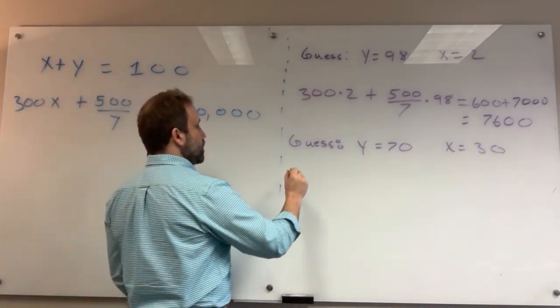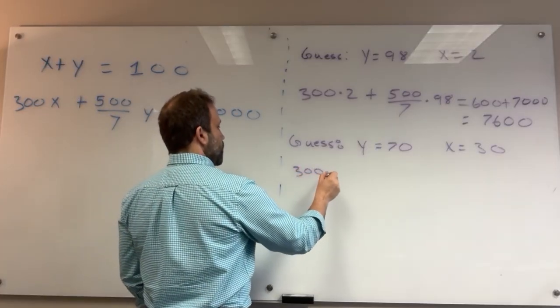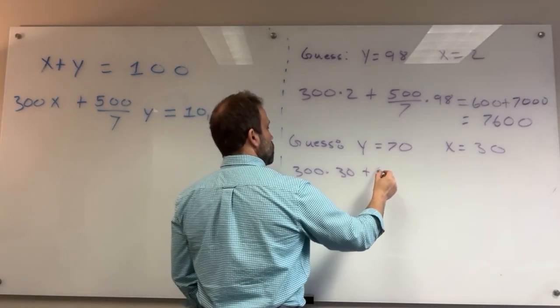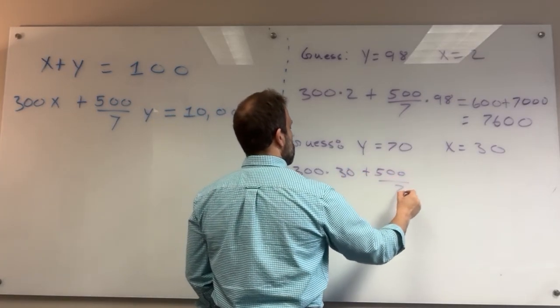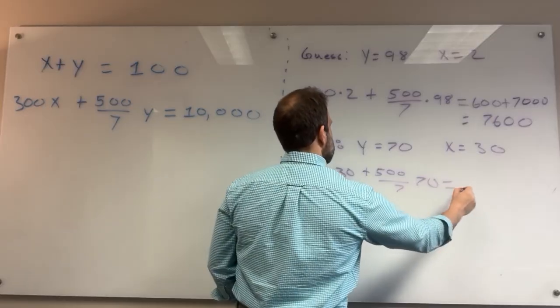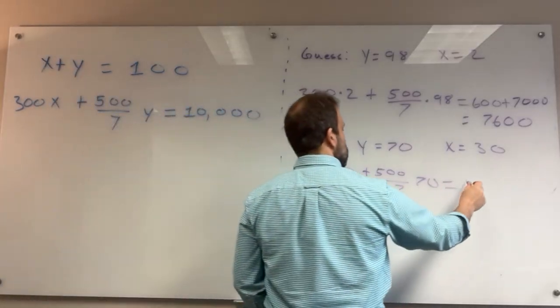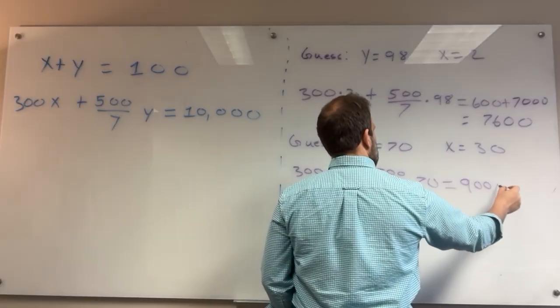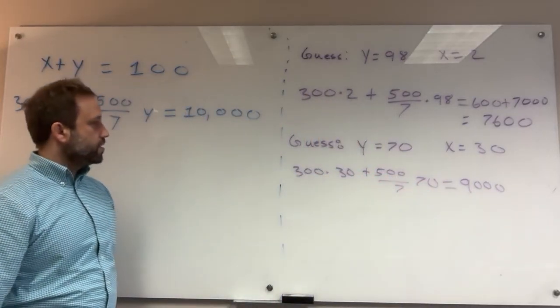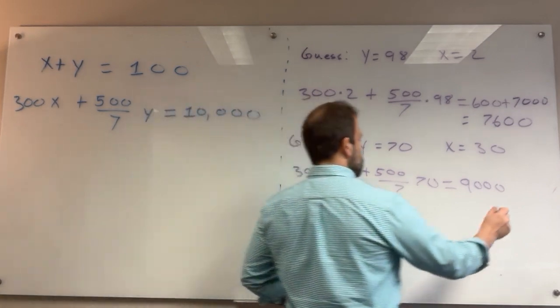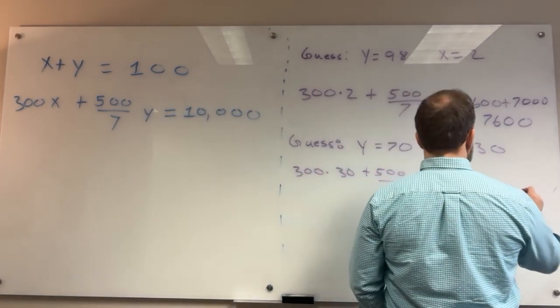So if I plug these in, we're going to get 300 times 30 plus 500 over 7 times 70. Okay, what are we going to get? We're going to get a 9 with 3 zeros there. 70 over 7, that's 10, so this is going to be plus 5,000.